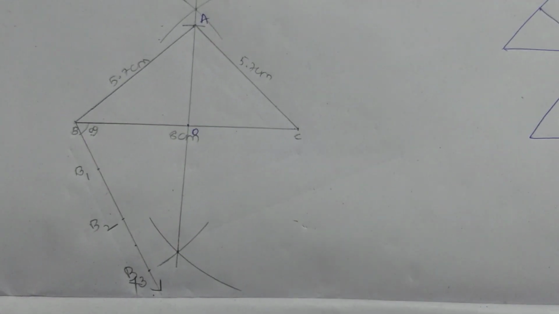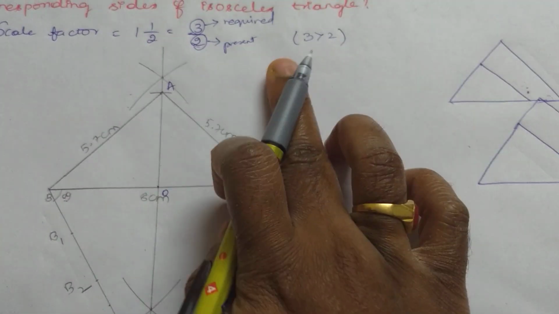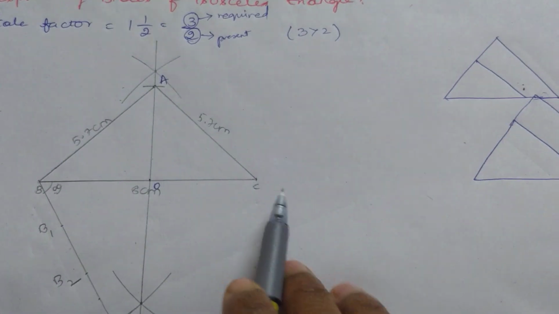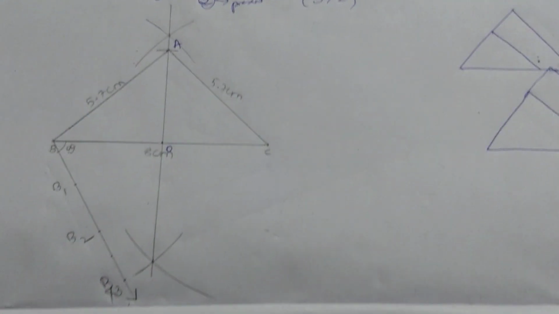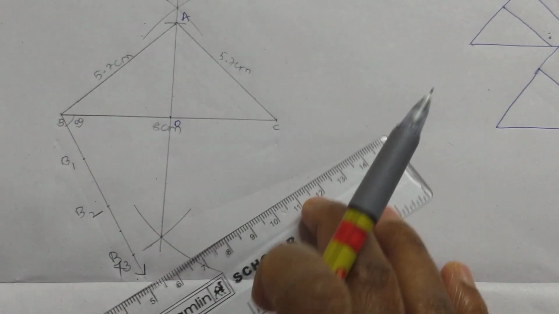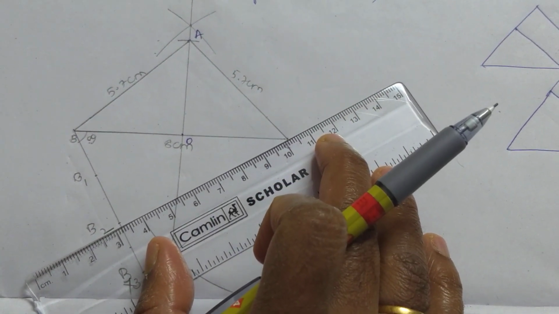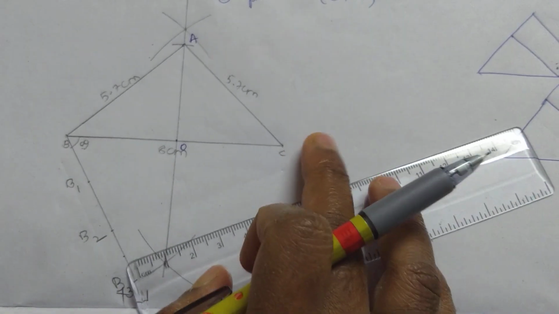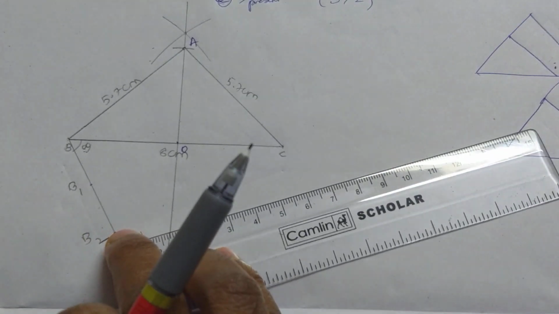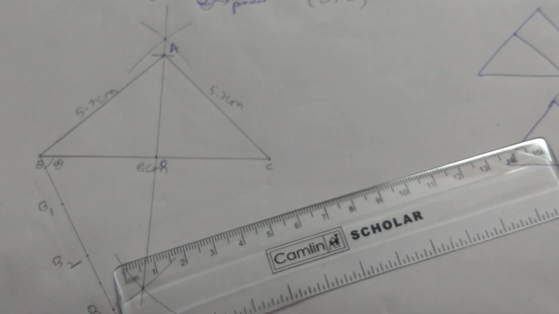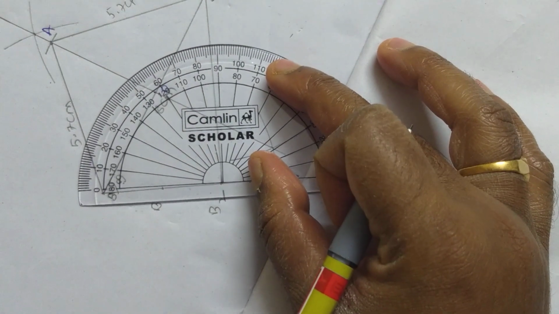In the next step, from the second point, B2, to C we have to draw the line, as we did in the previous problem. So from here to here I will draw a line. After drawing the line B2 to C, measure the angle formed at B2 with the protractor.